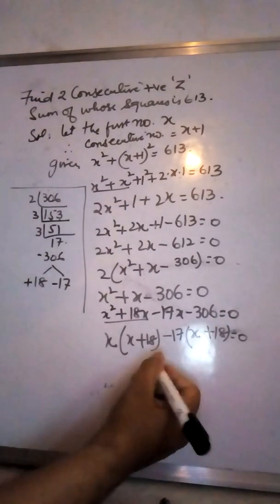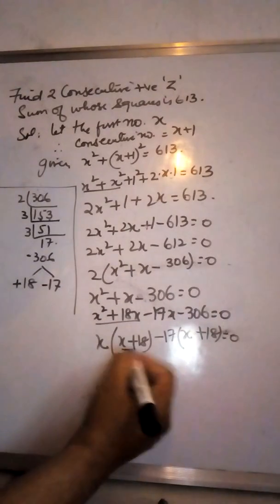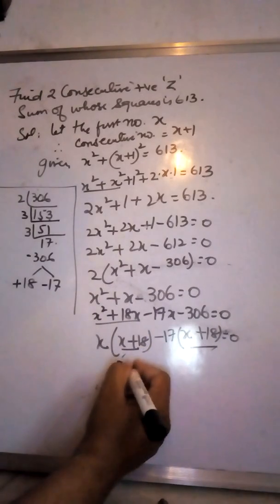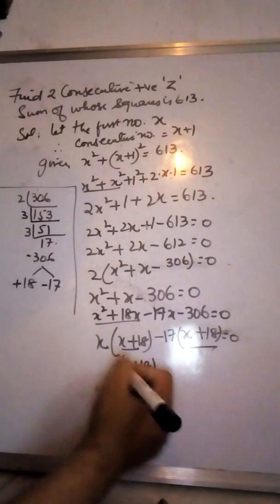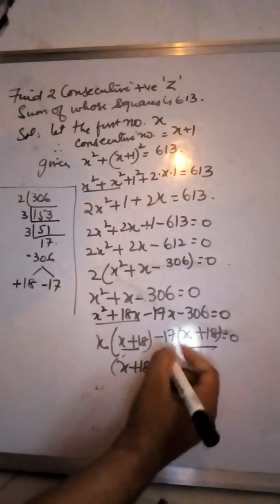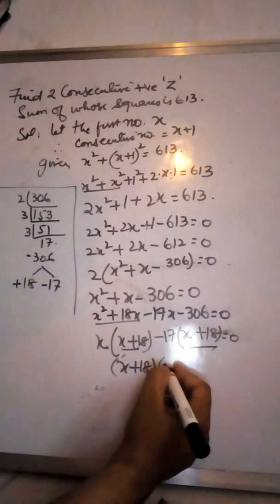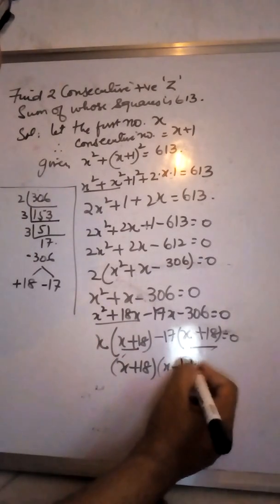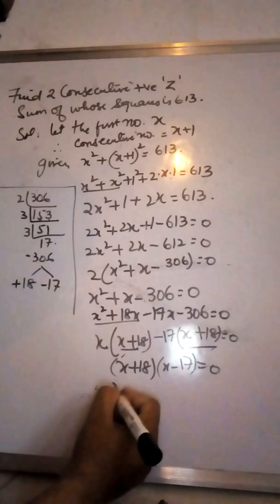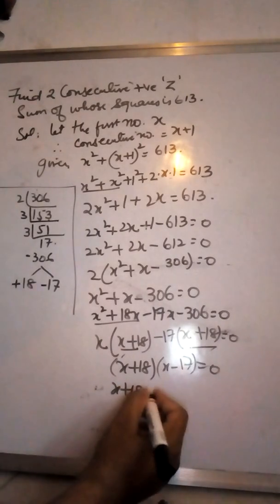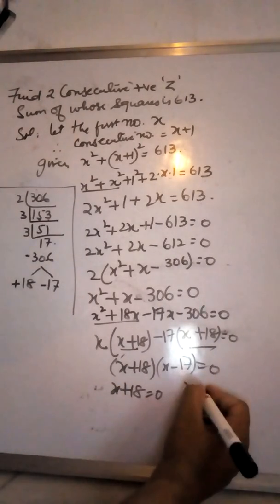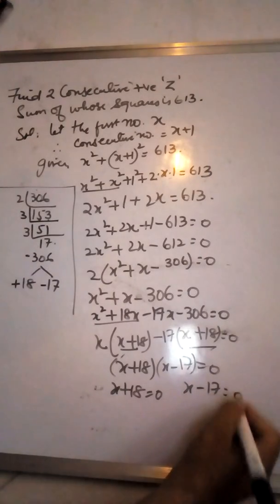Okay, so again x plus 18 is common in both the terms. If I take x plus 18 common, then x will be remaining and minus 17 will be remaining, equal to 0. So x plus 18 is equal to 0, x minus 17 is equal to 0.